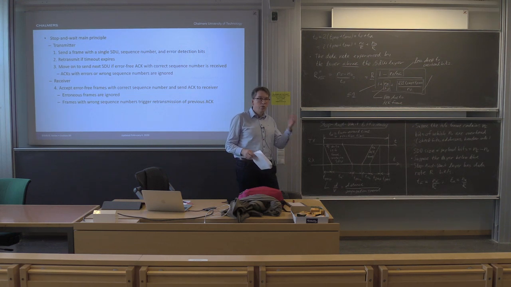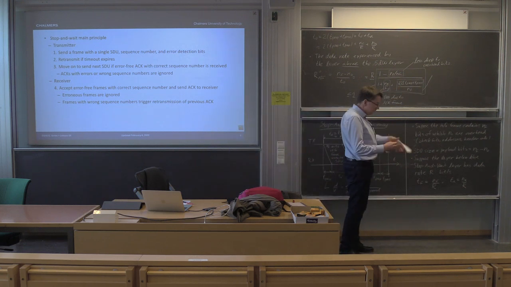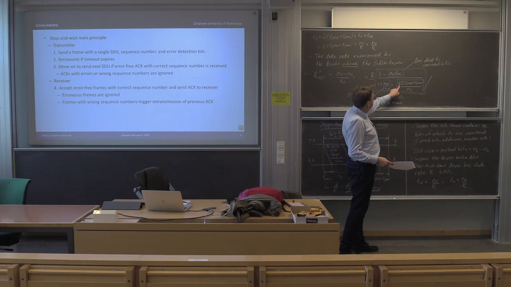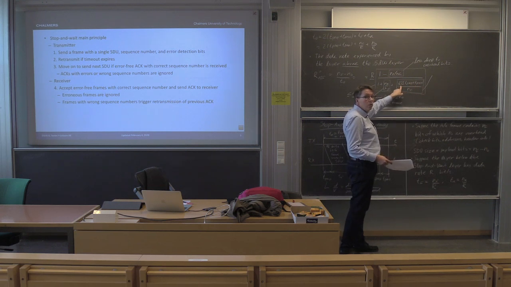Whether stop and wait is good or bad, it's this term. Okay. So what do we have here? Well, first of all, we have the data rate, and then multiplied with the propagation time plus the processing time, and multiplied by 2. And then we have that divided by NF.